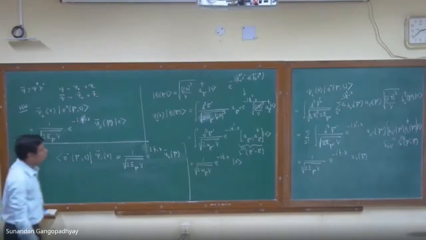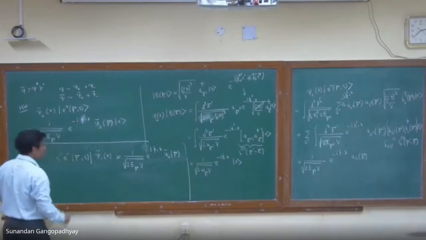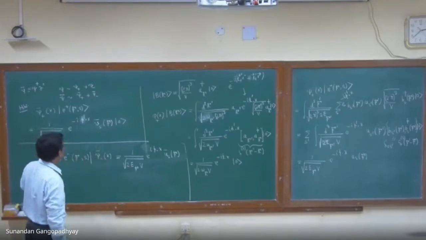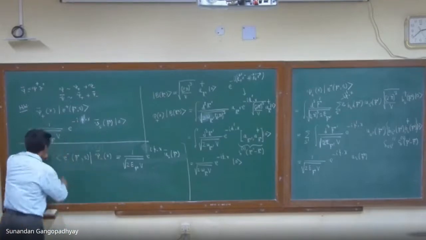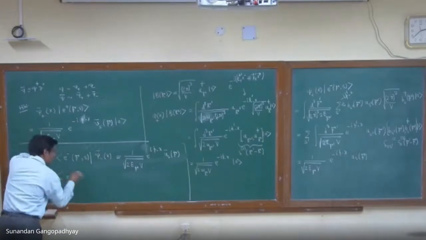Similarly, what else do you have? You have a psi minus. So psi minus on the right hand side creates a positron. So on the left hand side, it annihilates a positron.